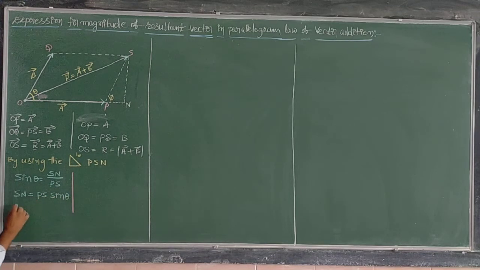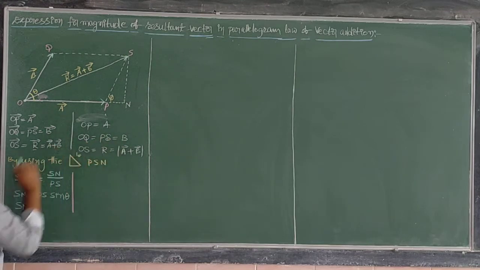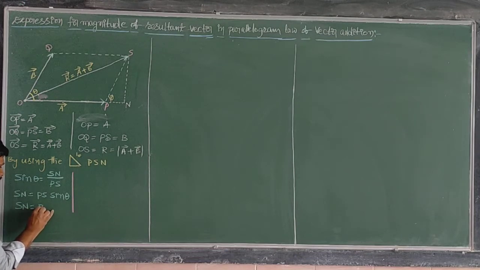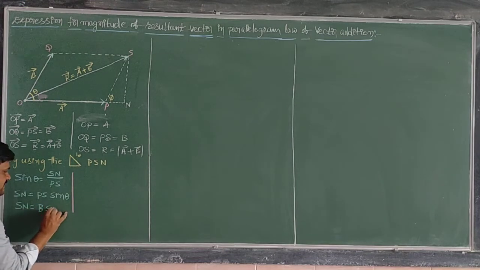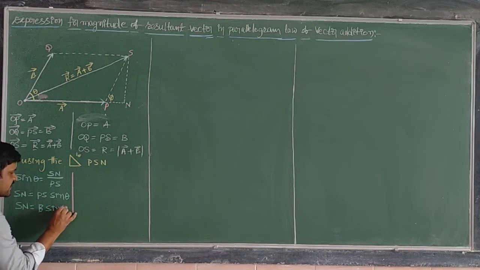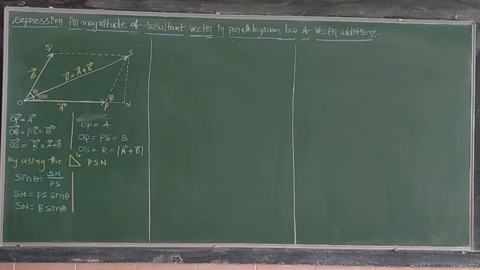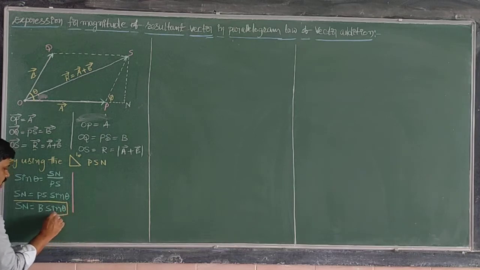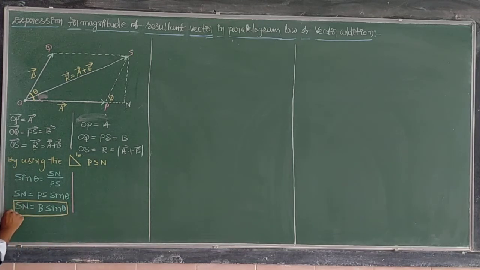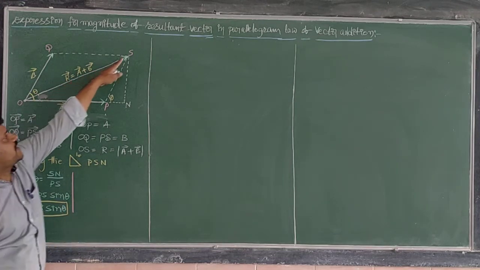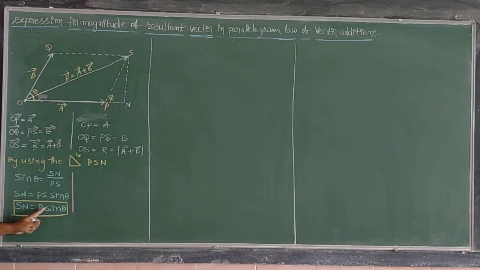What is the PS value here? PS is B, so you write B here. So SN is equal to B sin theta, the normal line which I have drawn.